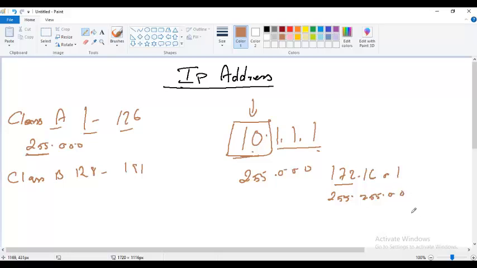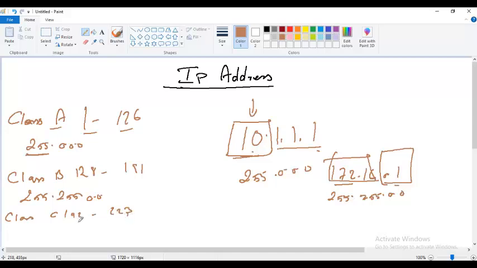It means that in the above address, only this portion is network, and these two are host. Class C, 192 to 223. In class C, the first 3 octets are network.